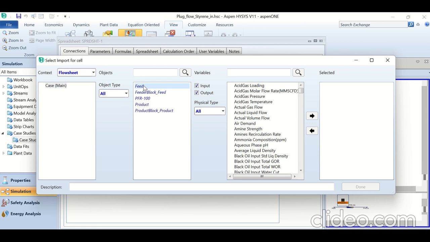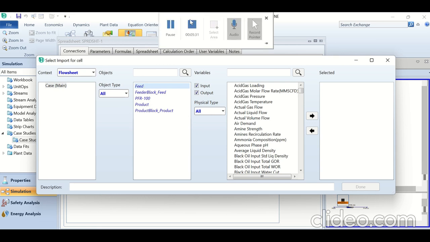So the selectivity is actually defined as moles of styrene product, that means moles of desired product in the product stream, and moles of the reactant consumed. So it is moles of styrene in product divided by moles of ethyl benzene in feed minus moles of ethyl benzene in product, multiplied by 100.